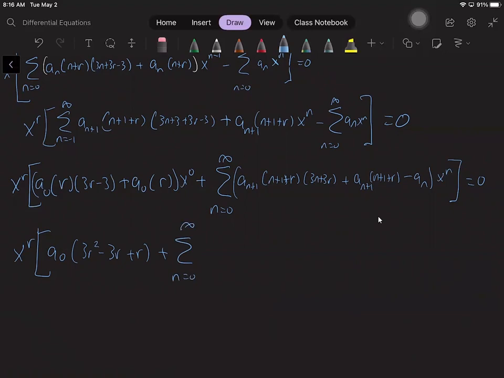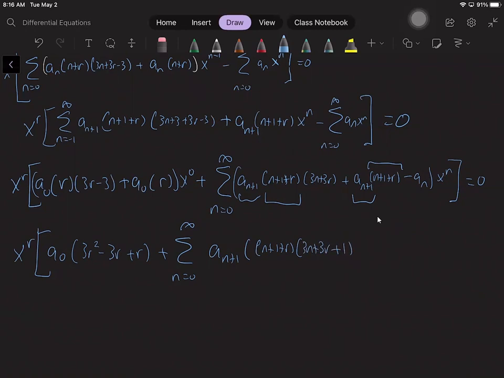So if I factor out a_(n+1) from the first two, and I'm factoring out n plus 1 plus r, then what's left is 3n plus 3r plus 1.